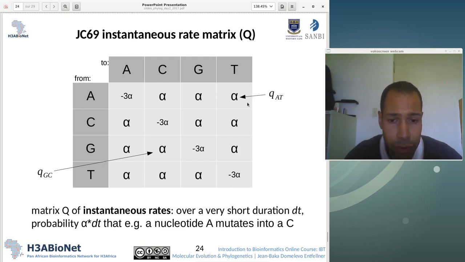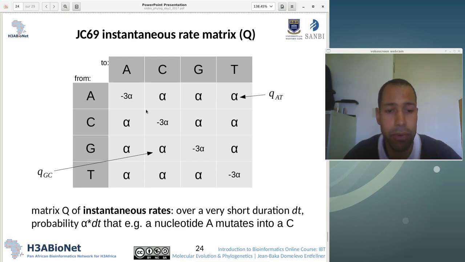The rows must sum to 0. The sum in each row is equal to 0. That's why this number is not conveniently interpretable as such, because we cannot talk about an instantaneous mutation from A to A, for instance. It doesn't make any sense. It's not a mutation.